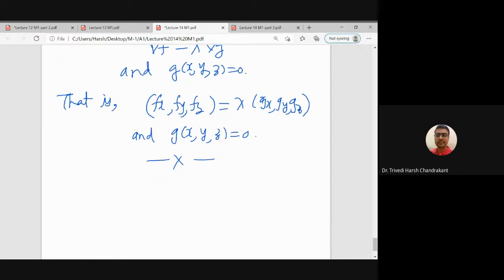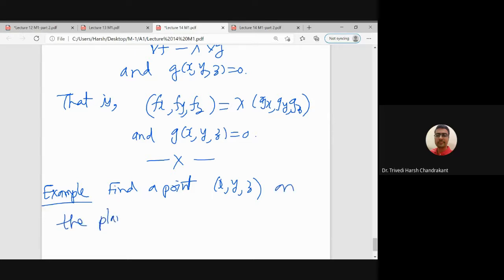So let us see one example. Find a point x, y, z on the plane. So the equation of the plane is 2x plus 3y minus z equals 5.